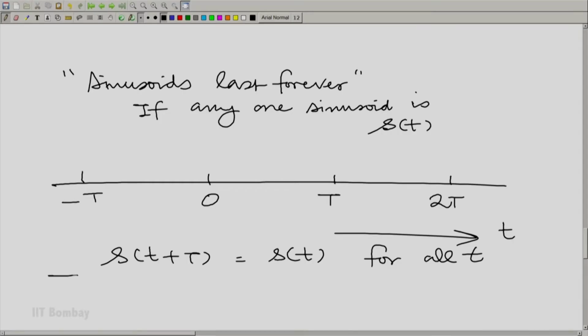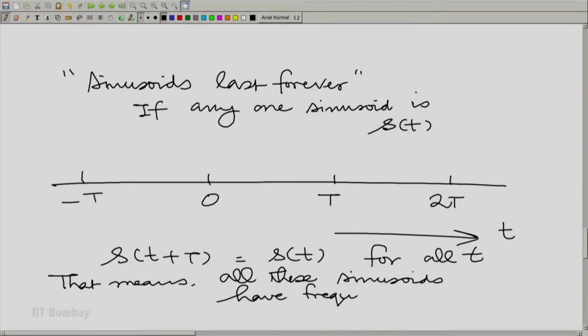It is quite clear that this is the simplest choice that you can make of sinusoids. Why bring in sinusoids which do not have this property, if you can make do with sinusoids which have this property? What are sinusoids which have this property? Those that are periodic with period T. Now, which are the sinusoids periodic with period T? Essentially, all these sinusoids have frequencies 2 pi by T multiplied by an integer.